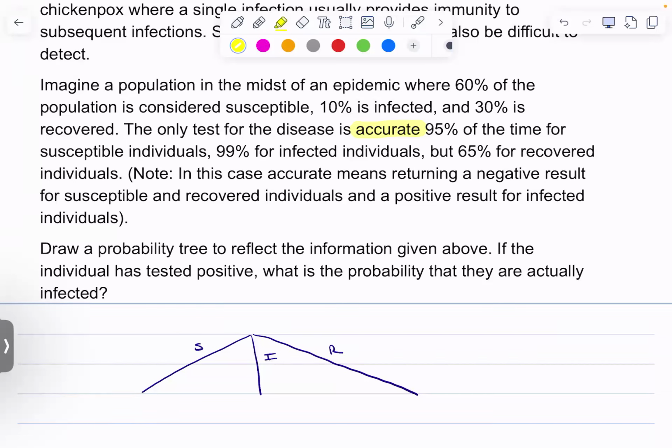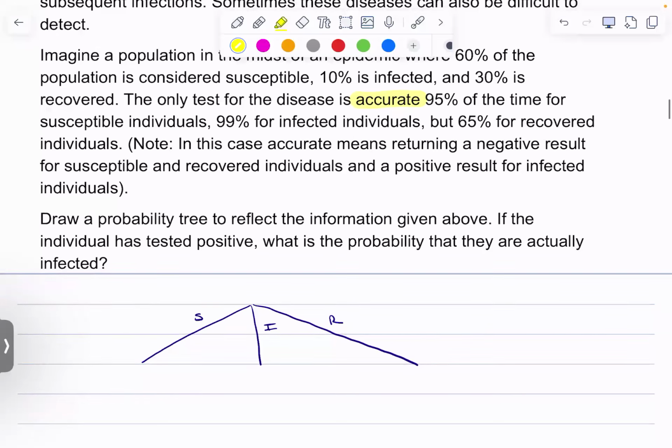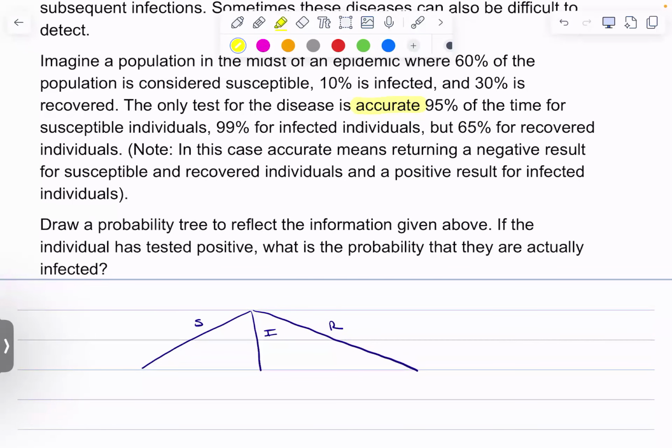Because you're susceptible, you don't have it yet, right? You're just susceptible. And so then accurate means a negative result, yeah? But it depends on which group you're in, right? The accuracy of the results. And so that's what tells me, okay, because it's conditional on whether I'm susceptible, infected, or recovered, that makes it my second set of branches.